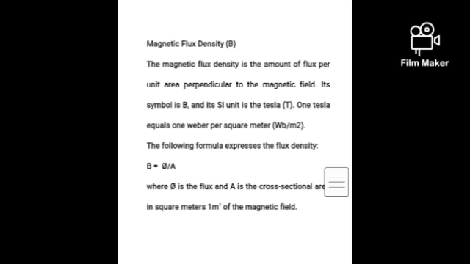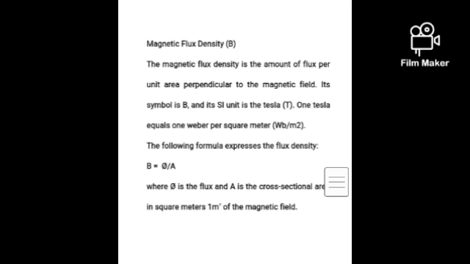Now we are at example 1. Find the flux density in a magnetic field in which the flux is 800 microweber and the area is 0.1 square meter. We are asked to find the magnetic flux density, which is B equals phi over A. The flux is given as 800 microweber, and the area is 0.1 square meter.